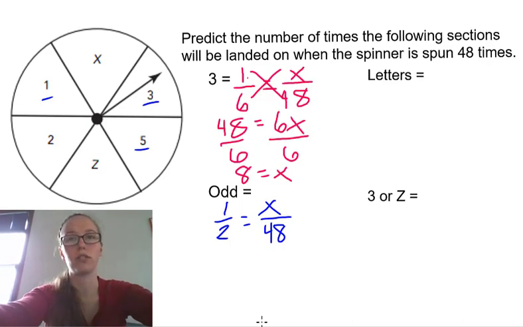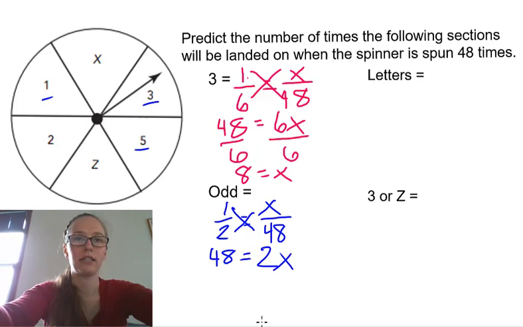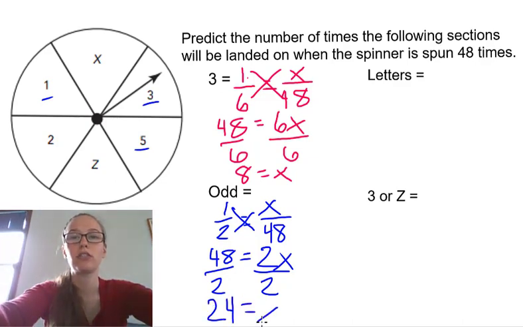I don't know the number of times it will be spun, so we cross multiply. 48 times 1 is 48. 2 times x is 2x. To get x alone, we divide both sides by 2, because it's the inverse of multiplying by 2. 48 divided by 2 is 24. So we can predict to land on an odd number 24 times in the spinner when we spin it 48 times.